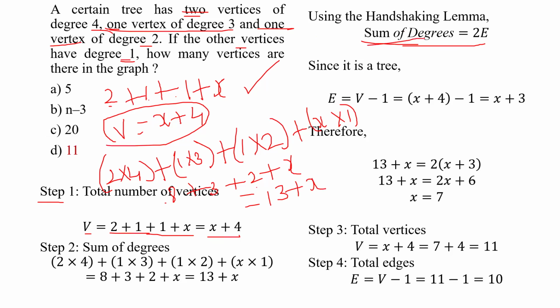Now sum of degrees we got, vertices we got. So E is equal to V minus 1. V is x plus 4, so x plus 4 minus 1.